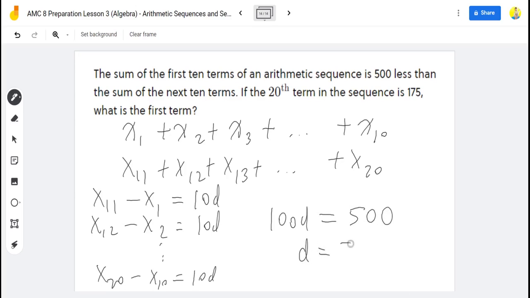So d equals 5. And since the 20th term is 175, we just subtract 19 times 5 from 175, since the first term and the 20th term have 19 common differences in between. And our final answer is just 80.